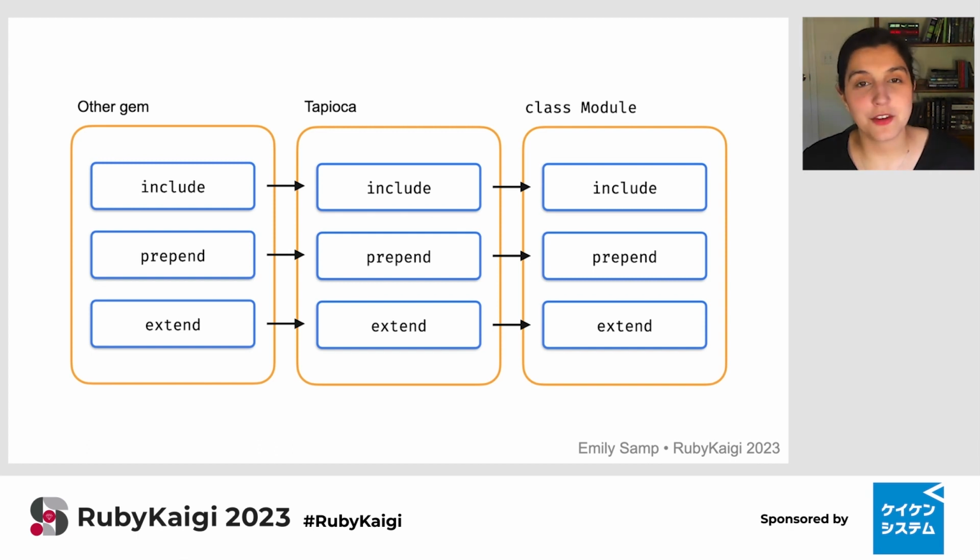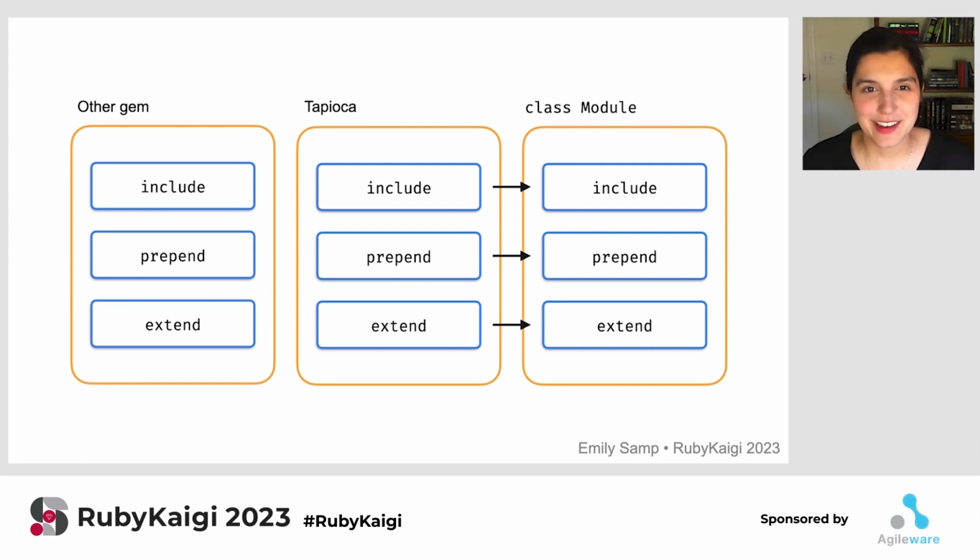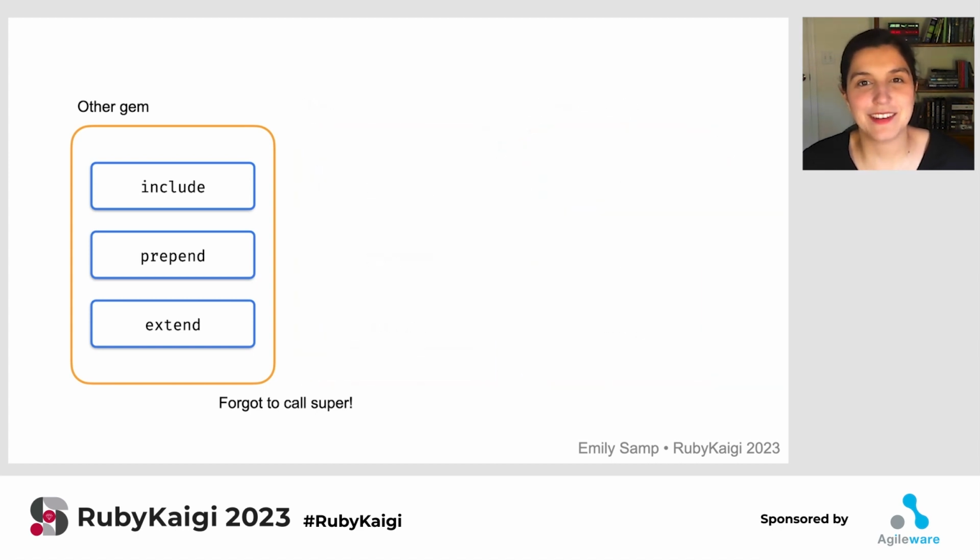Now, imagine that the developers of the other gem forgot to call super in their override implementation. This means that Tapioca's override will never be called, and information about dynamic mixins will never be added to the mixin tracker. Tapioca's method override will be skipped entirely, which will result in incorrect RBIs being generated, which can then cause hard-to-debug errors in Sorbet.